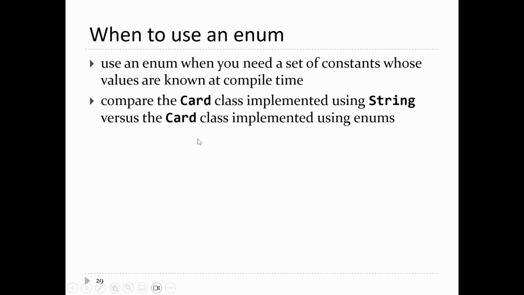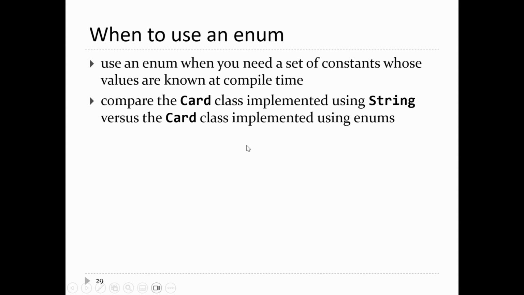Inside the notebooks, there's a card class that represents a standard playing card, so the 4 suits, hearts, diamonds, spades, and clubs, and then the 13 cards, so 2 through 10, Jack, King, Queen, Ace.